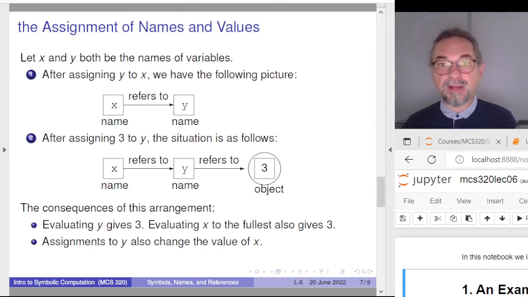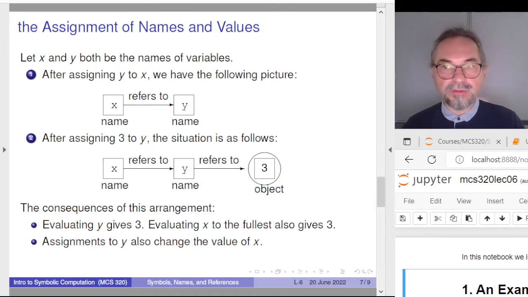That is what happens when you assign with x at the right hand side. The right hand side is evaluated to the fullest. Of course, in the first assignment here, y does not have a value yet. So that's why x refers to the name of y.